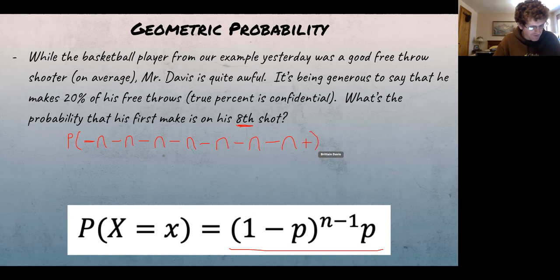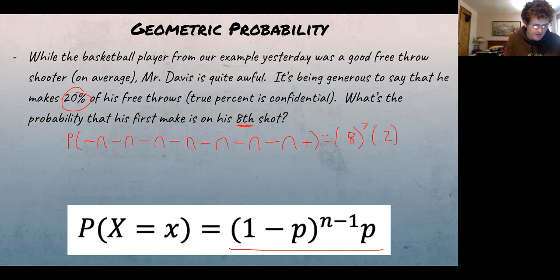I think I counted that out right. So I missed 7 times, and then I made it on the 8th shot. So that's just going to be the probability of missing. If 20% is the chance I make it, 0.8 is the chance that I miss it. And this is 7 times I miss it, times the probability that I make it, which is 0.2.